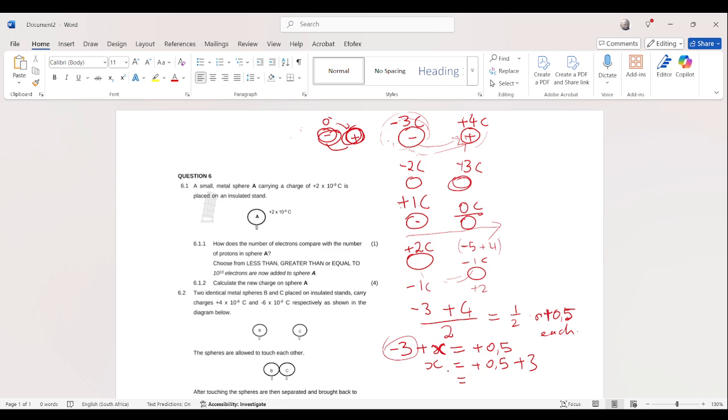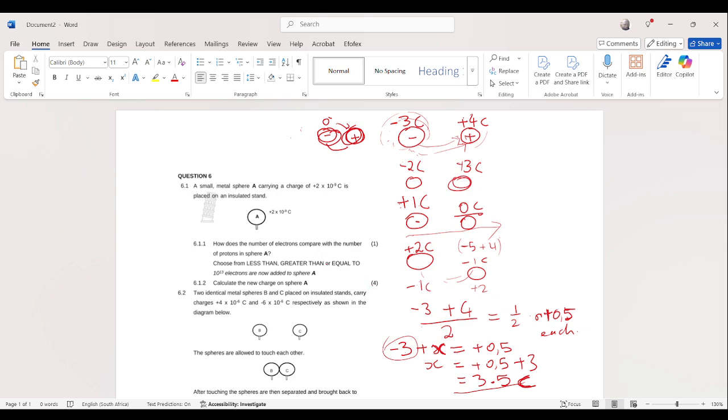So you need to transfer 3.5 coulombs of charge.